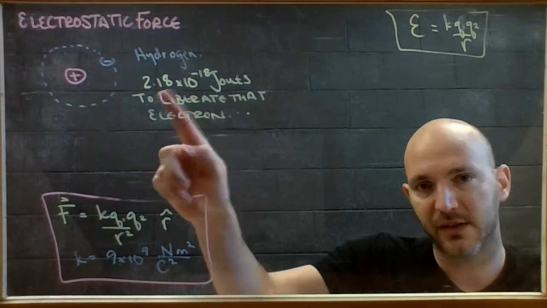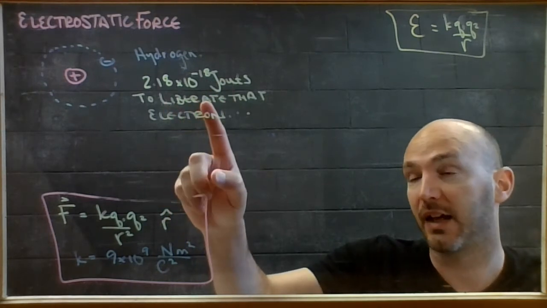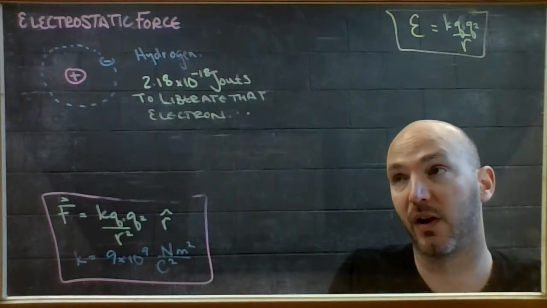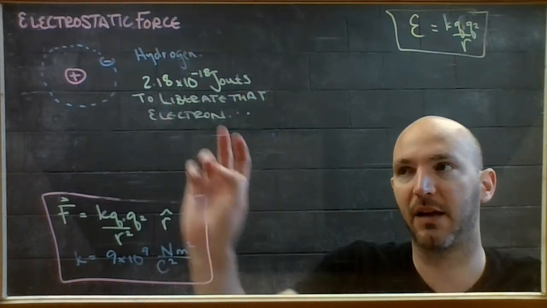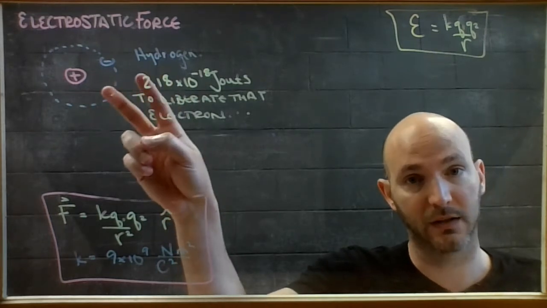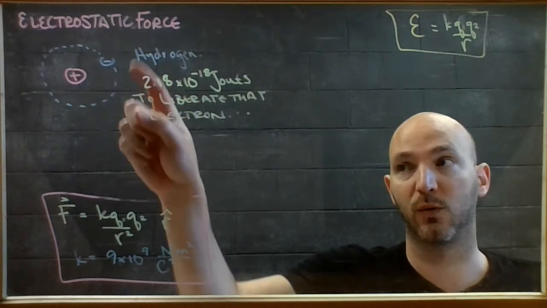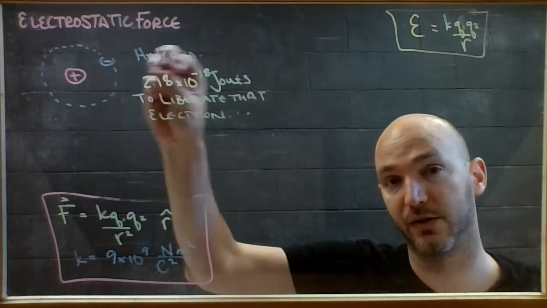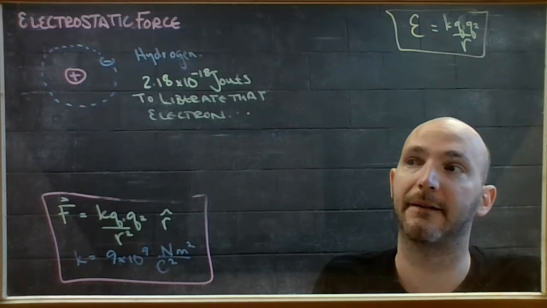So if it requires 2.18 times 10 to the negative 18 joules in order to take that electron and rip it away from the hydrogen, then that means that it must owe that proton that much energy in order to have created the sort of stable relationship, or to have fallen to that separation there.